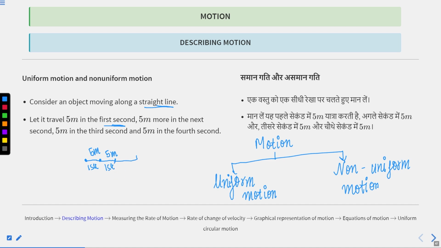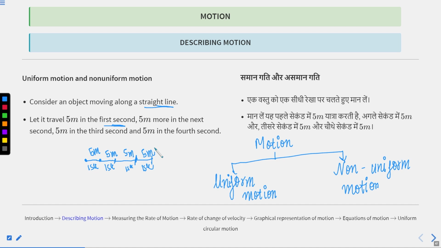In the third second, that object traveled 5 meter. And then in the fourth second, that object traveled 5 meter. So what you are getting from this example is that the object is covering equal distance in equal interval of time.